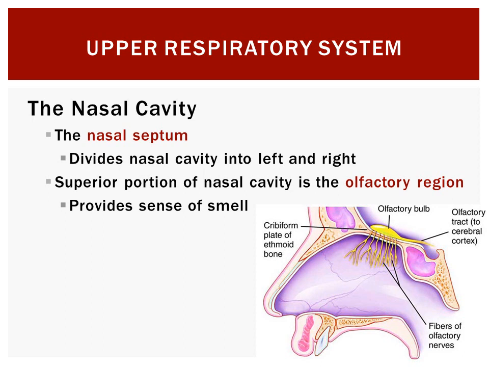Then after that, the nasal cavity. The structure that separates the nasal cavity into left and right is called the nasal septum. The superior portion of the nasal cavity is the olfactory region. What is this region actually?